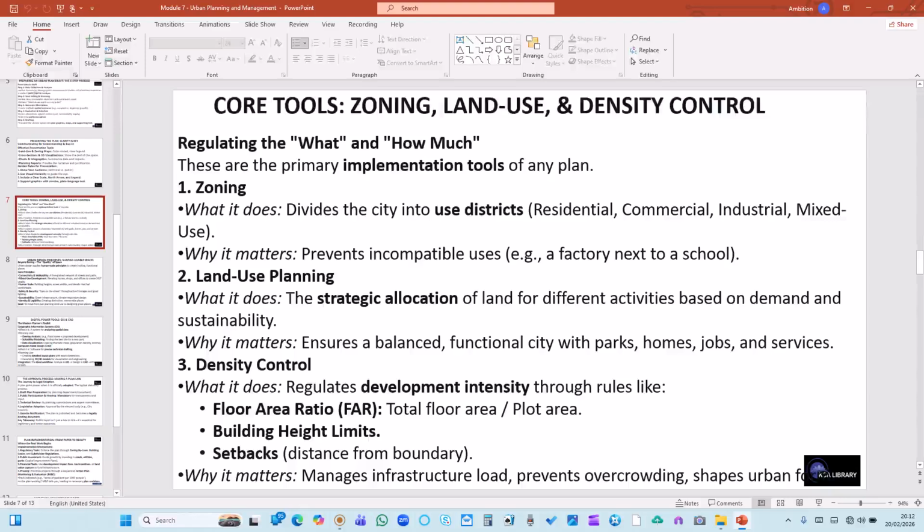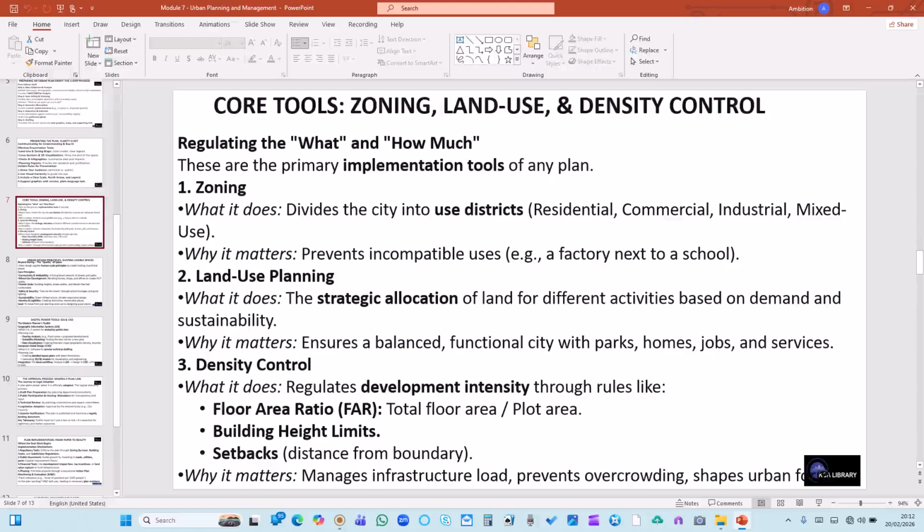So zoning is a very important tool used to divide the city into different components. Why does it matter? It prevents incompatible uses, for example a factory next to a school, so it prevents incompatible and conflicting uses. So a factory next to a school is not allowed. So it divides a city into different layers.